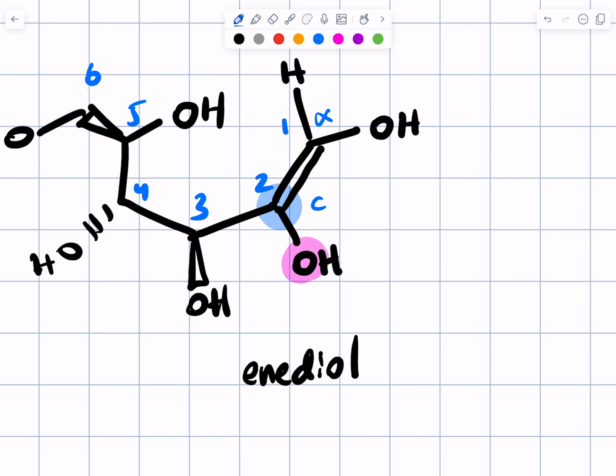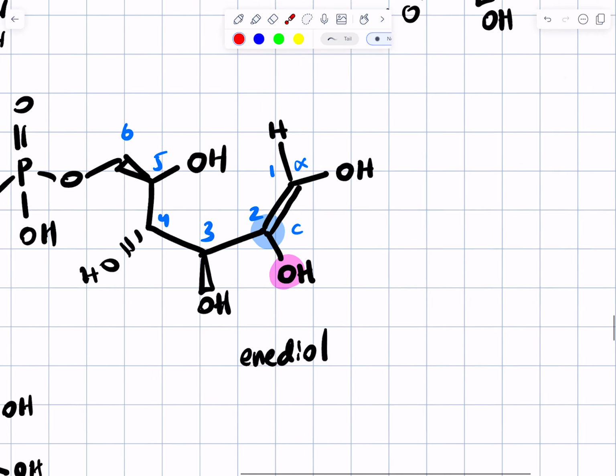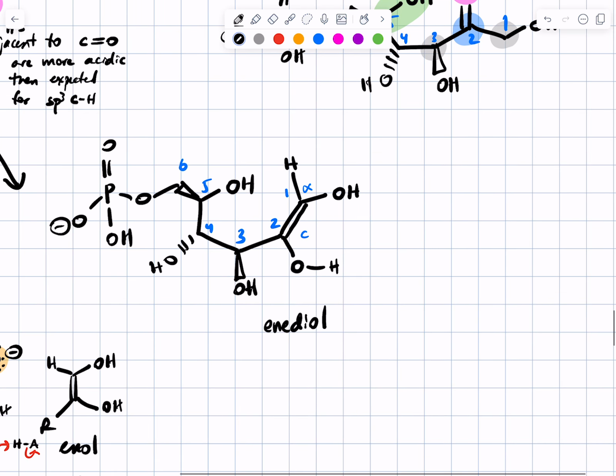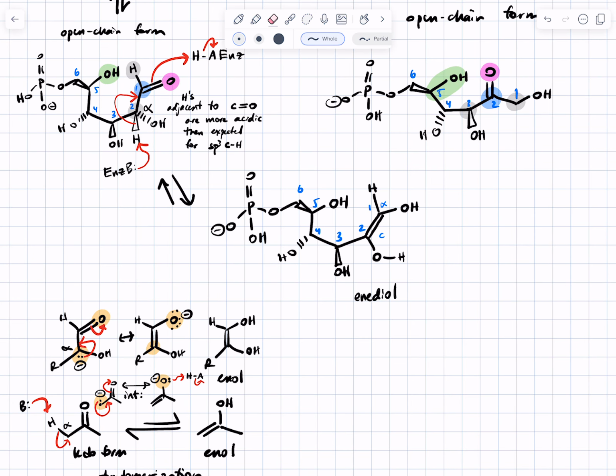Tautomerization got us to that enediol from a molecule that had the aldehyde on C1 and a proton and an OH on C2. Through a similar tautomerization step, we can convert that enediol into fructose. Normally, let me show you how an enol goes back to the carbonyl compound before I show you conversion to fructose.